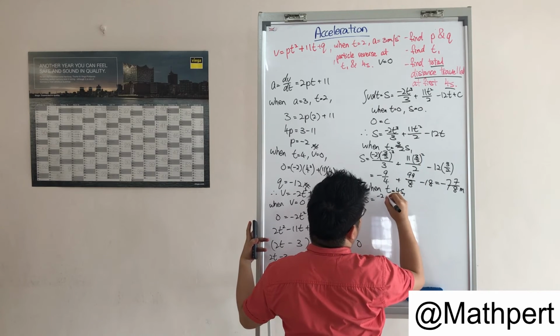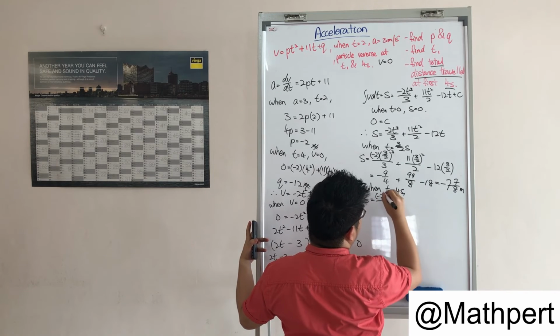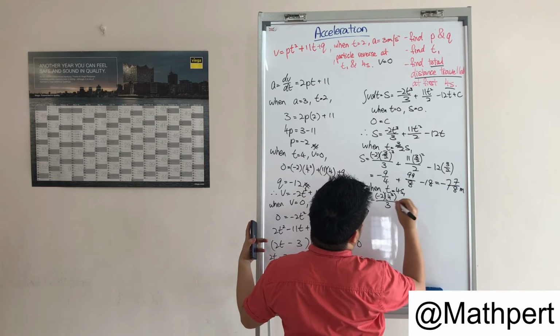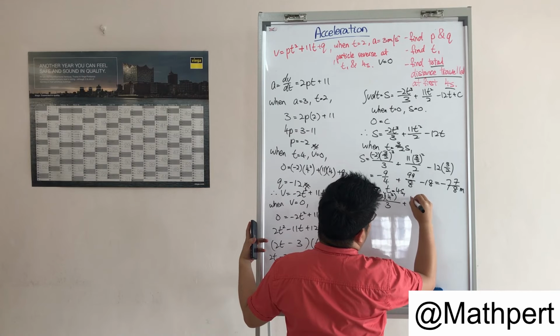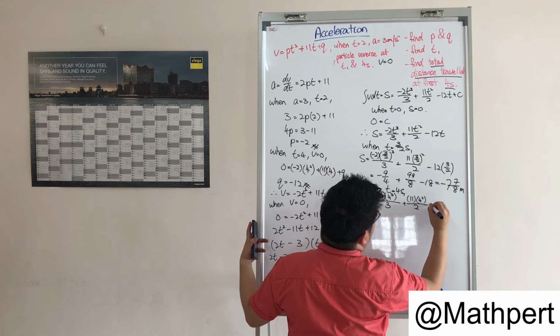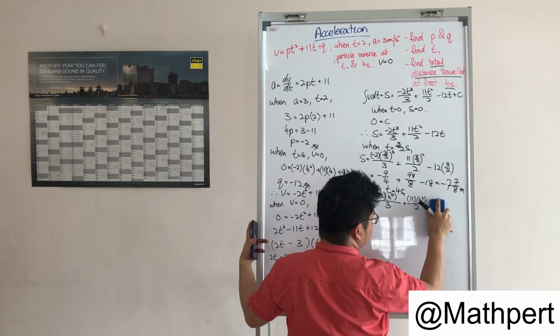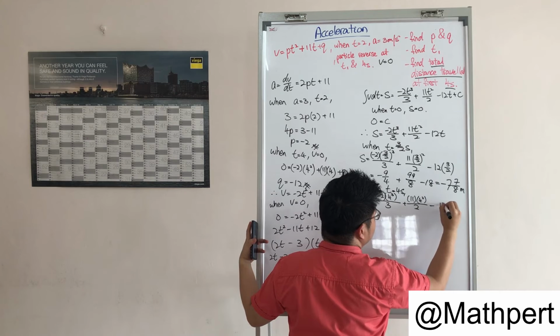Negative 2 t cubed, 4 cubed over 3, plus 11 multiply 4 squared divided by 2, minus 12 multiply 4.